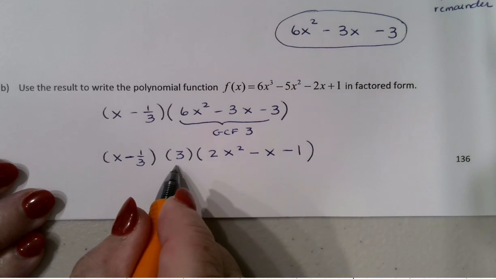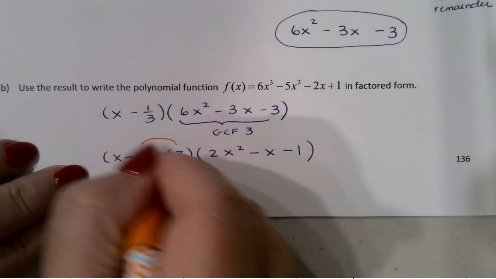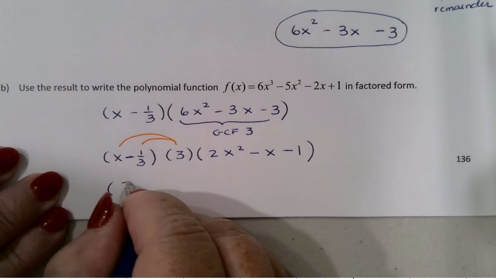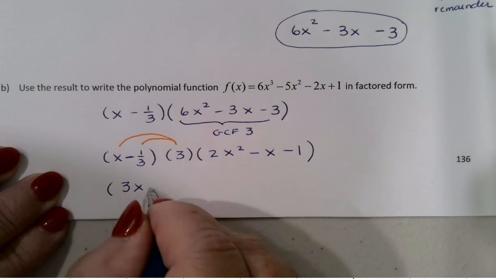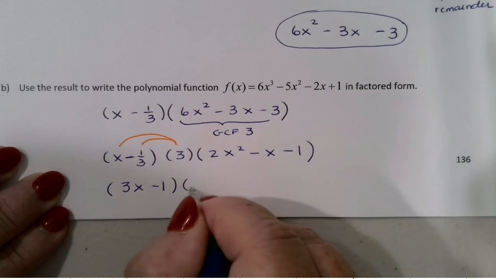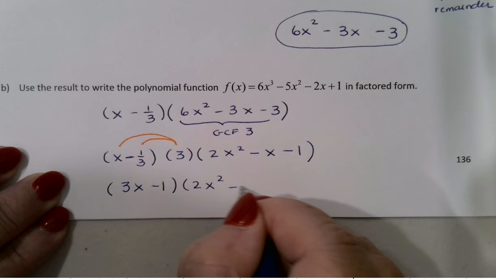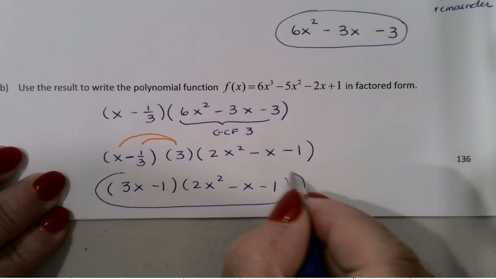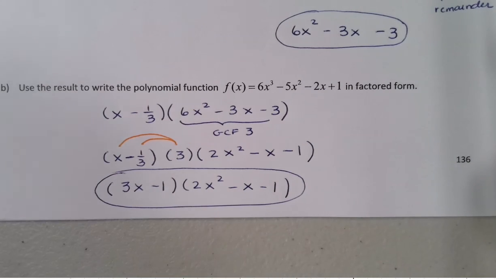Now take that GCF that you just factored out, and instead of multiplying it into the second part, multiply it into the first part instead. Makes that 3x minus 1 times 2x squared minus x minus 1. So that's a little bit more normal looking, where we don't have any fractions in our factored form.